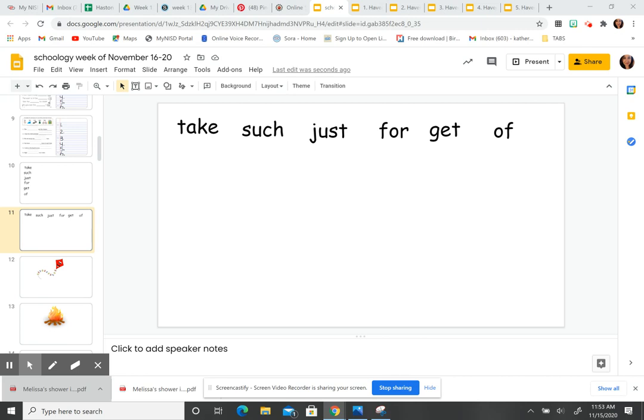Okay, and so the first sentence we're going to write, we're using the word take, and we're going to write, we take a trip. We take a trip. And when I count out, every time I say a word, I count 4 words. We take a trip. So I'm going to draw 4 lines. You do not need to draw these 4 lines.